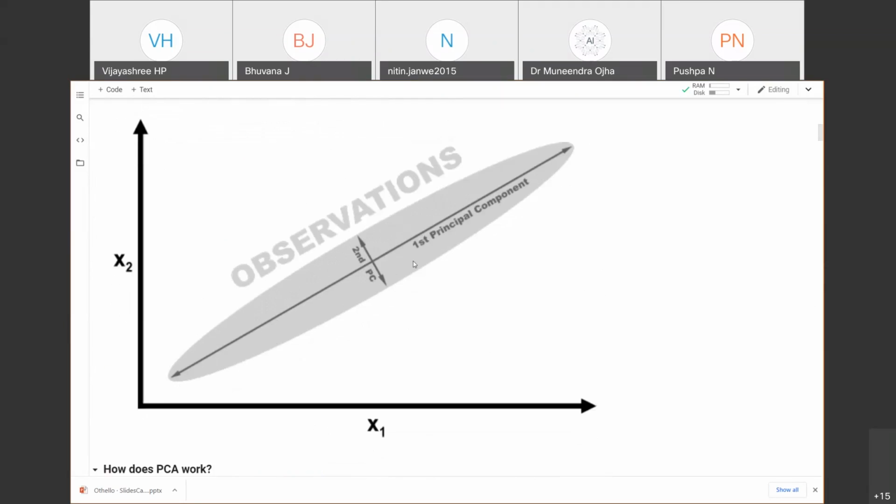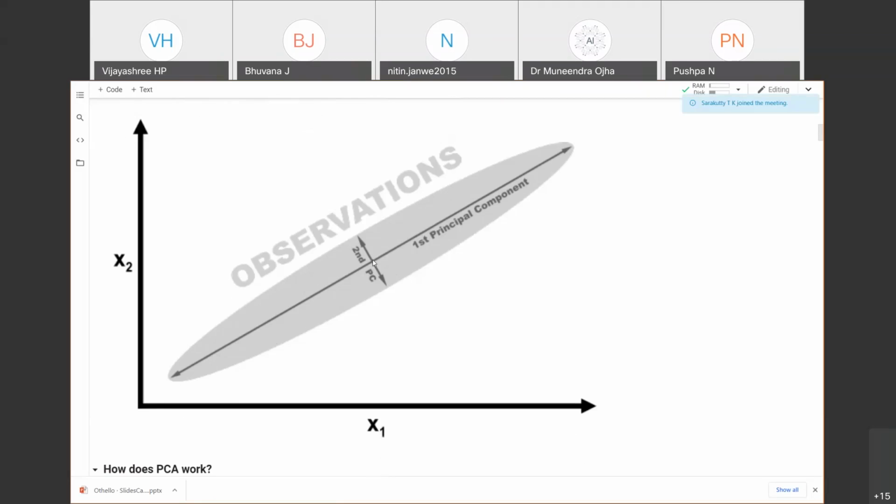However, our spread, the variance, is in some other direction. Using the eigenvectors and eigenvalues, we find the new coordinate system, which we call the principal axes, the new directions. When we take the projection of the original data onto the new coordinate system, those values become the principal components.